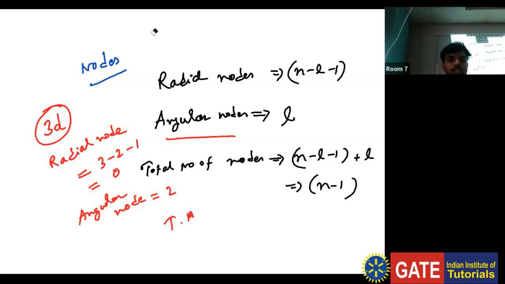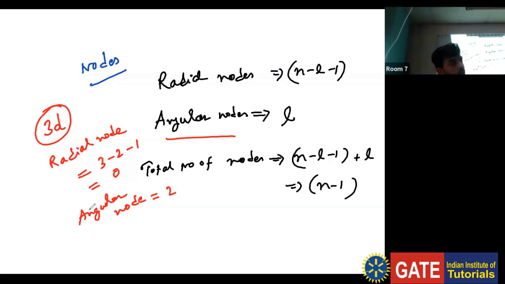Check properly. Radial nodes are n minus l minus 1. What is l for d? 2.